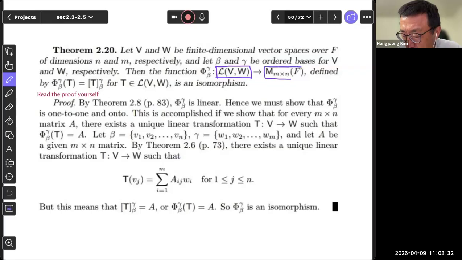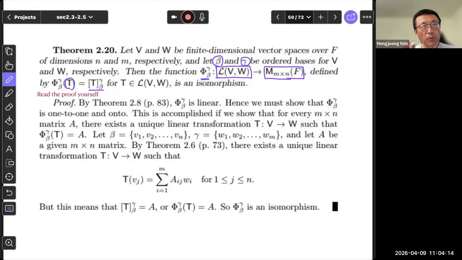And I want to consider a mapping phi which maps a linear transformation T from V to W to its matrix representation. Please remember that for any linear transformation, we can always find its matrix representation if some bases are given, and that matrix representation is uniquely determined once beta and gamma are given.